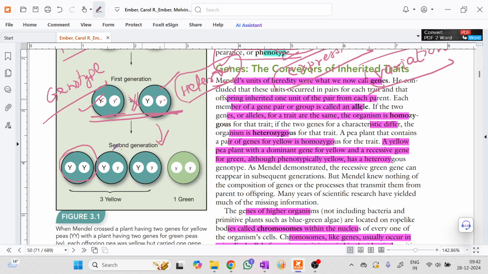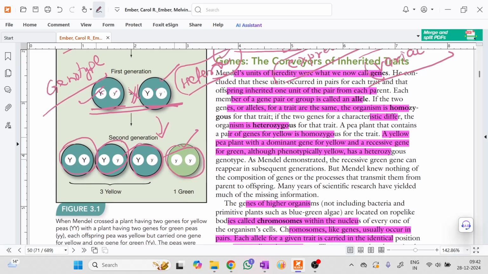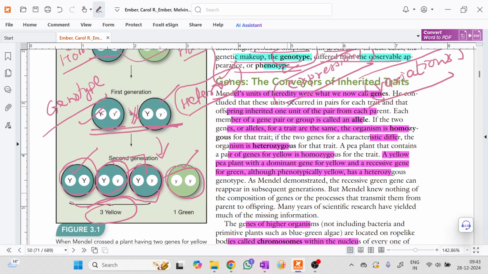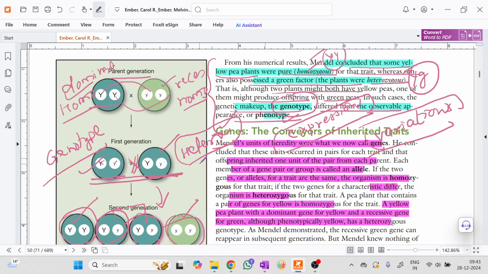This one when crossed with this produced a heterozygous, and again this and this a heterozygous dominant, and the last one is homozygous recessive. So in the second generation itself, you can see that in the first three offspring the genotype is different. This one is homozygous dominant, and both of these are heterozygous dominant, but yet the expression, or phenotype, is similar. So this was what was found out by Gregor Mendel.